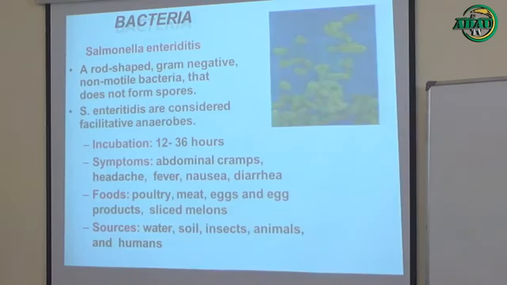It can be abdominal cramps, headache, fever, nausea, diarrhea. What kind of food can cause this disease? It can be poultry or meat, eggs, egg products, sliced melons. And the sources of these bacteria are water, soil, insects, animals, and humans.